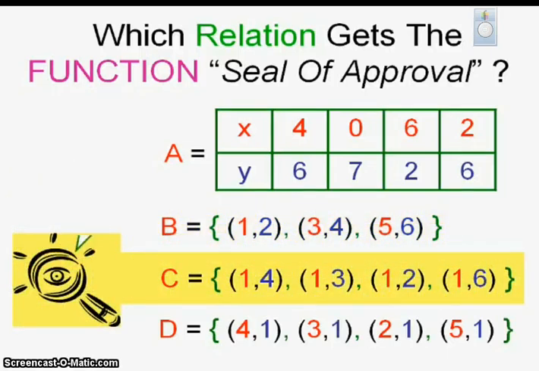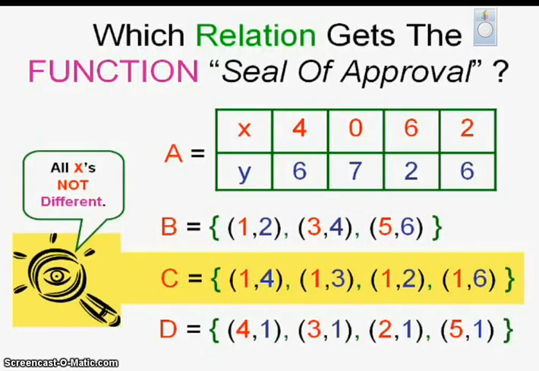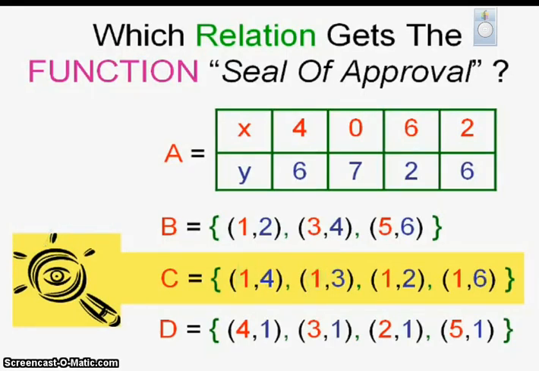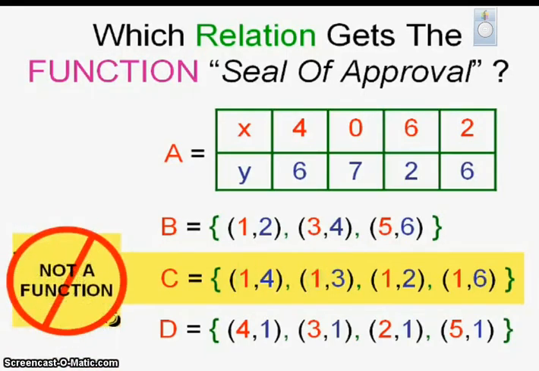In C, all the x's are not different. In fact, in this case, they're really not different. They're all the same. The number 1 gets mapped to various answers. 1 gets mapped to 4, 1 gets mapped to 3. And it only takes one repeat to mess it up. So while this is a relation, it is not a function.